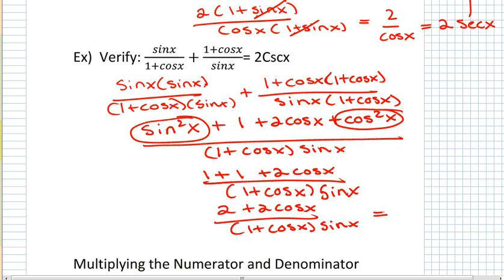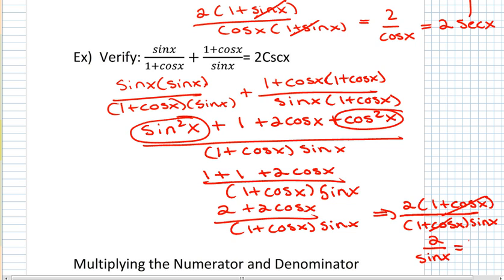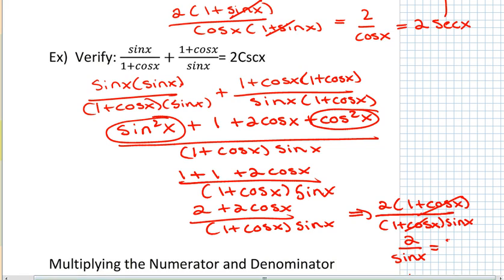Then I'm just going to go over here, you factor out the 2, and you'll be able to cancel, and you get 2 over the sine of x. And remember, 1 over the sine of x is the cosecant, so 2 over the sine of x would be 2 times the cosecant. And remember, that's not what you started with, but that's what you wanted to end up with.